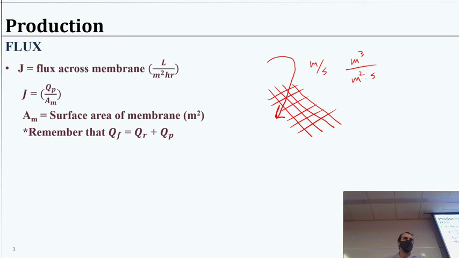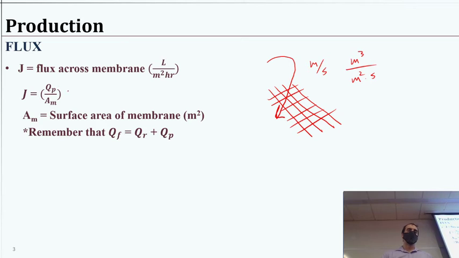We see flux in a lot of different cases, but when we see J, that's typically our flux. Here I had the units written already as liters per square meter per hour. If you were to convert liters to cubic meters, you'd see that can simplify to meters per second, or meters per hour, or whatever. So essentially that's Q permeate, the flow that's making it through the membrane, divided by the surface area of the membrane.